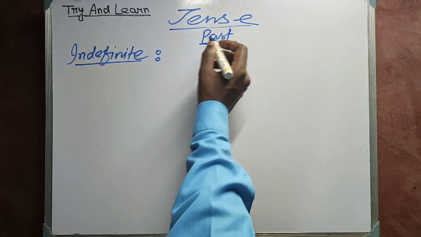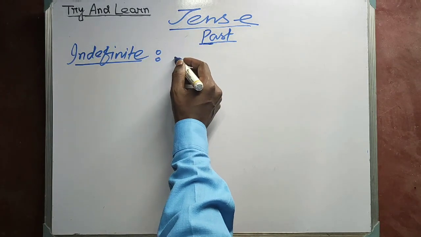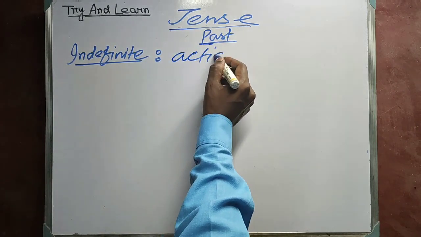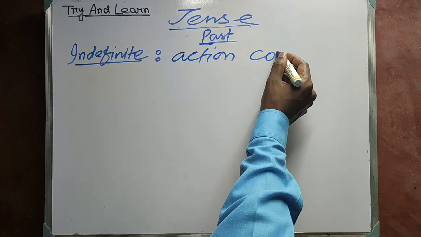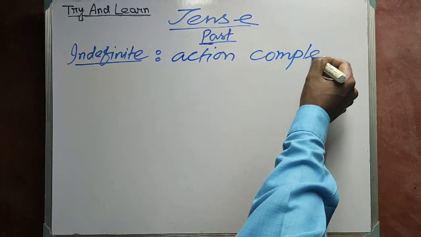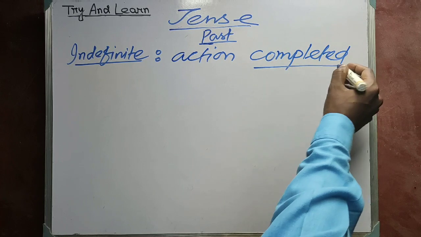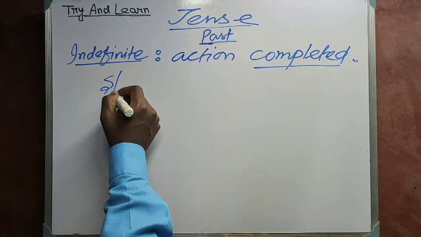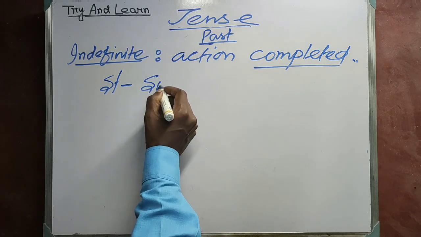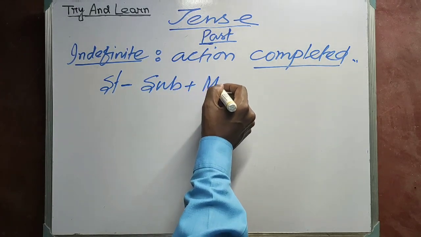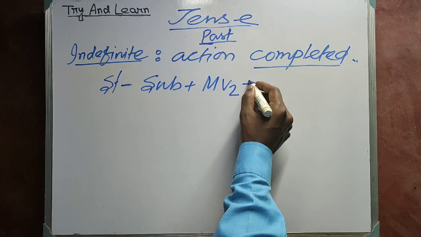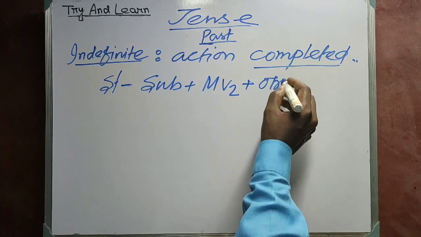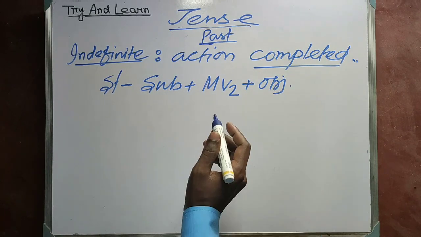Next, past tense. Past indefinite. It shows an action that is completed or finished in the past. Structure. Subject plus MV2, means past form of the main verb, plus object or complement.